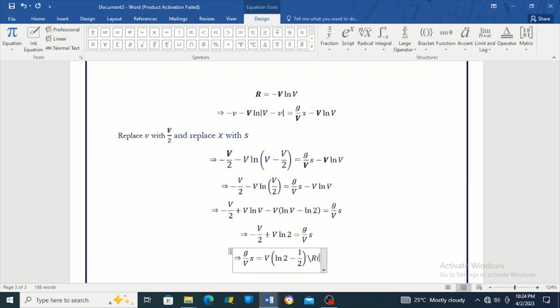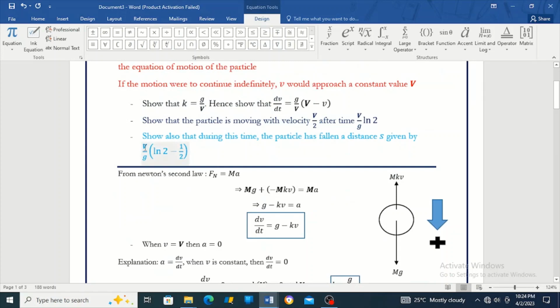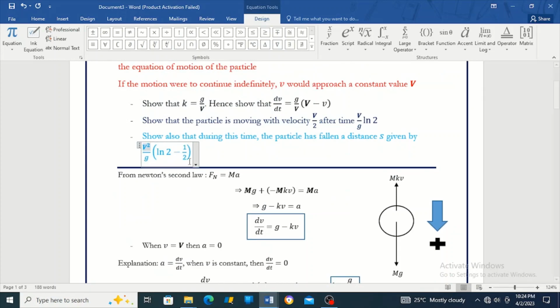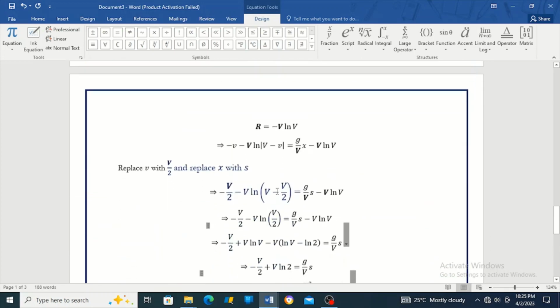So it means that our s is equal to V squared divided by g into minus half. Here is supposed to be V squared, so there's V squared. Alright, so that is it about the equation.